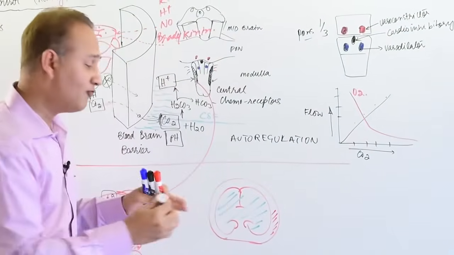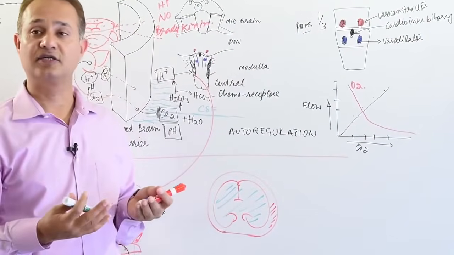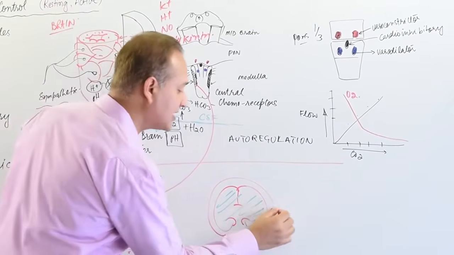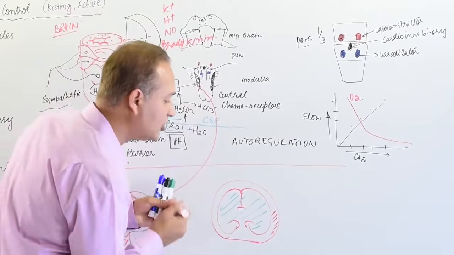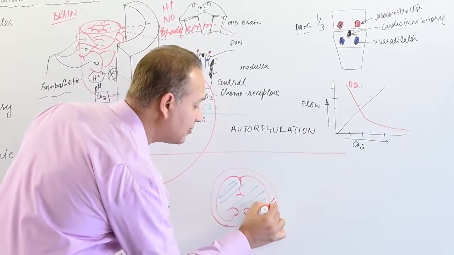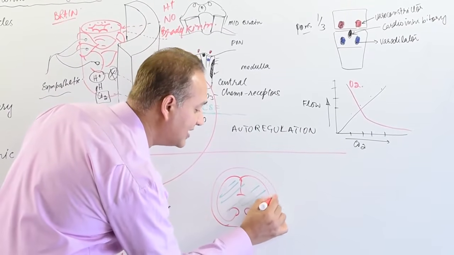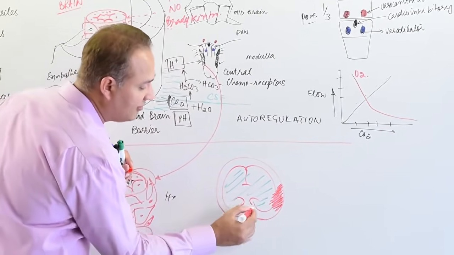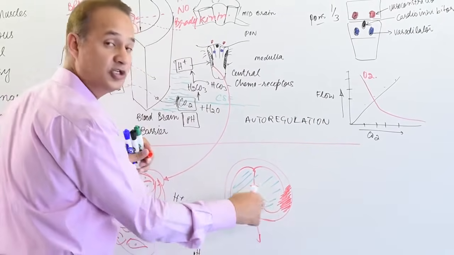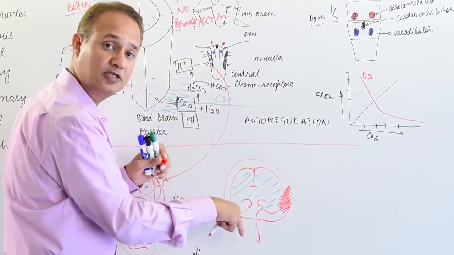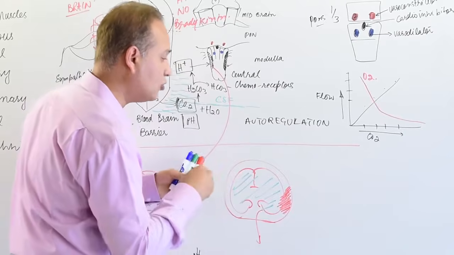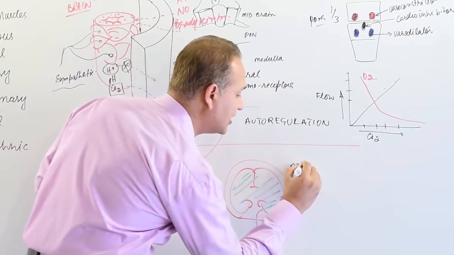Their collective volume has to stay constant, or they have to be in equilibrium. What does that mean? Let's say a person gets an injury. That injury causes more blood to accumulate because there is bleeding. That bleeding would now mean either the CSF has to be pushed out or the brain tissue has to be pushed out of the cranial vault. So remember the Monro-Kellie doctrine, and we will do the intracranial pressure in light of that.